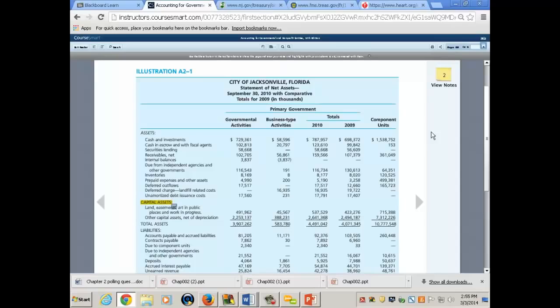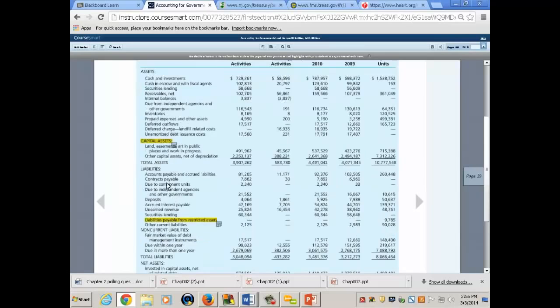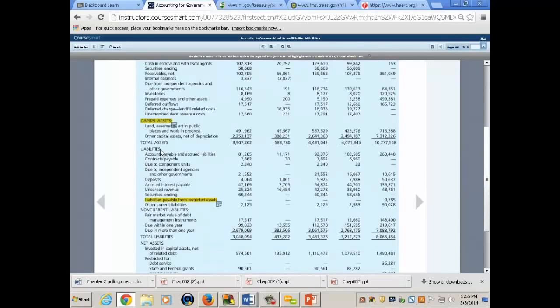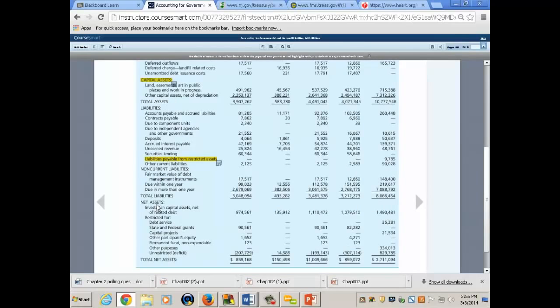You have the governmental activities and business type activities. And I want you to pay attention now to the major headers. Assets, right? Capital assets, see how they're placed, right? Liabilities, right? Non-current liabilities, and then net assets. So what's the accounting equation?